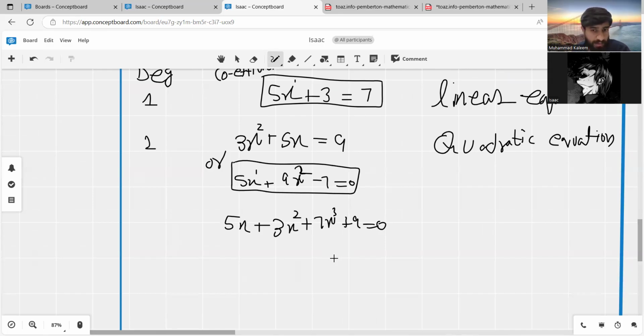Why not? Because the highest is 3. Exactly, so the degree is 3. This is a third degree equation, and this is a second degree equation. Degree means highest exponent. If we have a third degree equation, that will not be a quadratic, that will be a cubic equation.